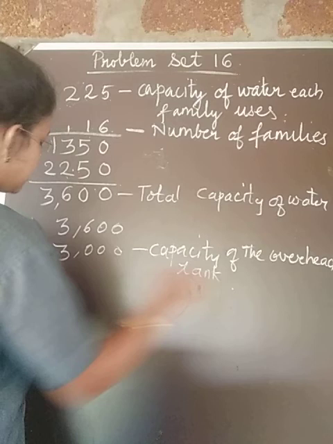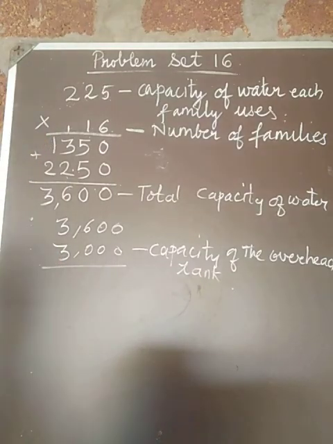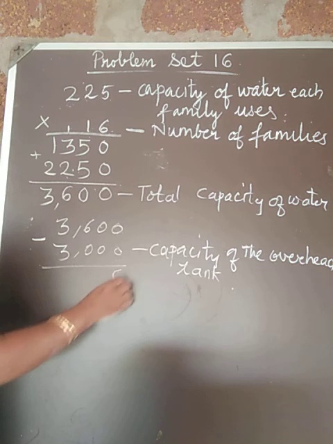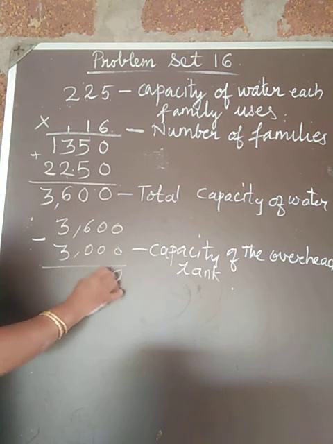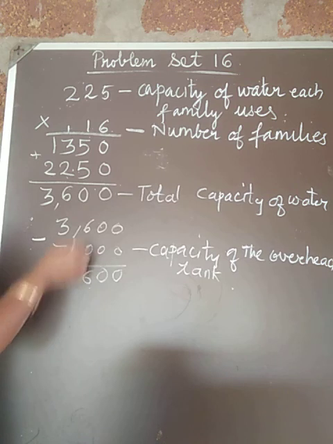Fine, students. Now to find out how much is the shortfall, we have to do subtraction here. So 0 minus 0 is 0. 0 minus 0 is 0. 6 minus 0 is 6. And 3 minus 3 is 0.